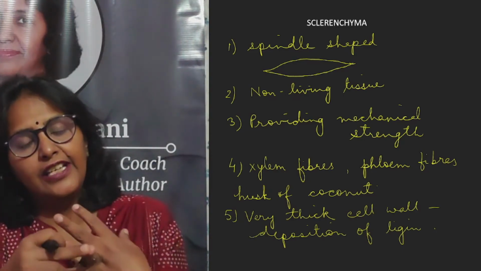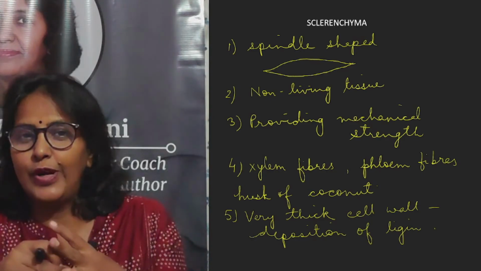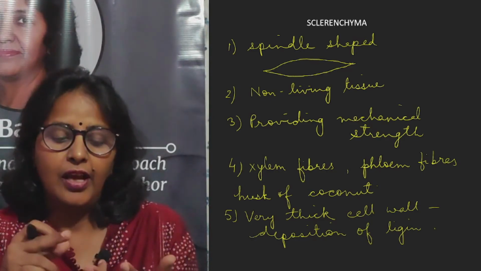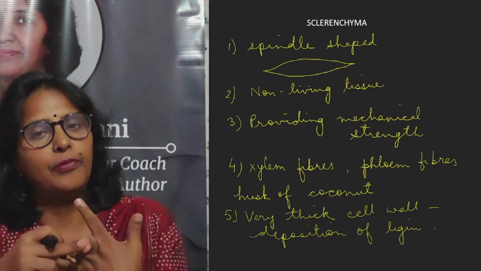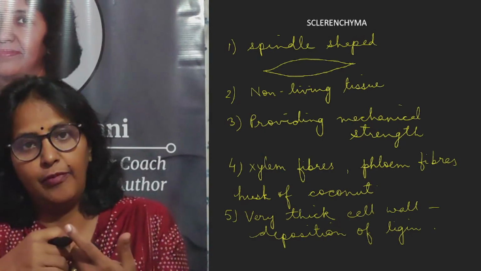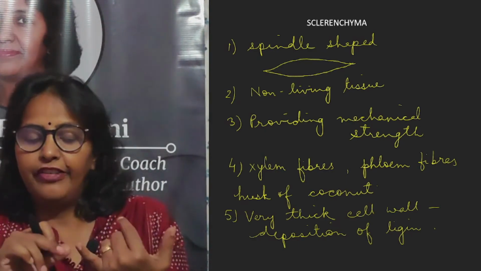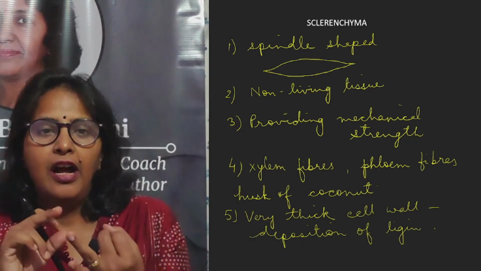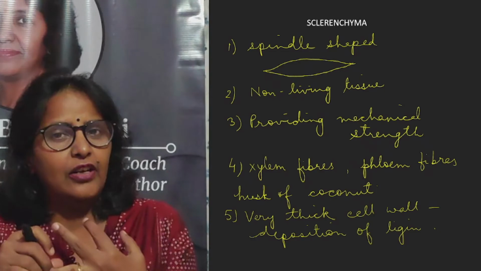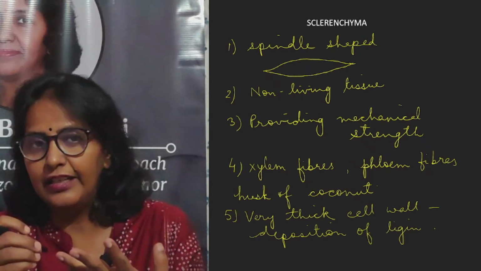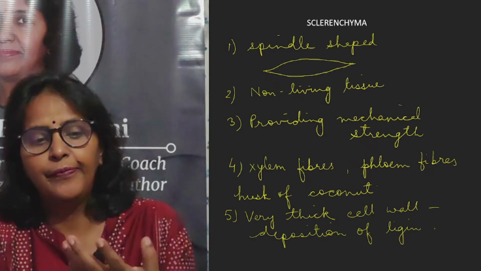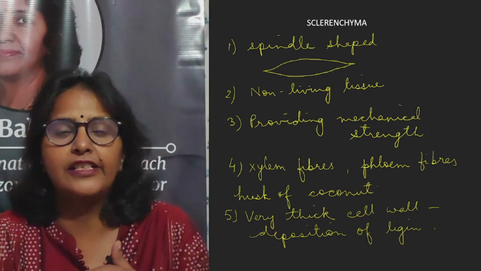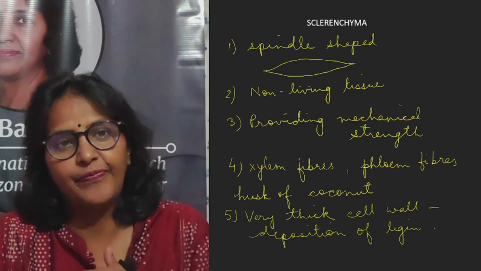Collenchyma, besides cellulose and hemicellulose, also has pectin deposition, and lignin is present in case of sclerenchyma. Fourth difference, intercellular spaces are present in parenchyma. Intercellular spaces are either lost or very little in collenchyma. In sclerenchyma, intercellular spaces are not present.